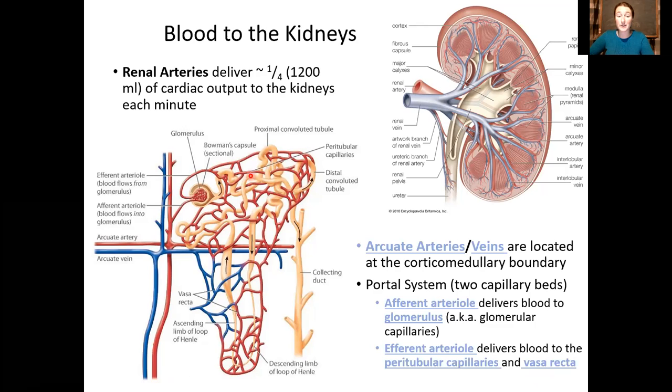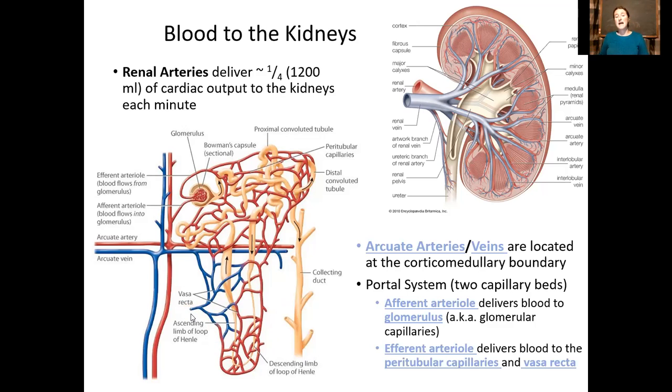So within this outermost region here. These are peritubular capillaries. The vasa recta, so rectus, rectum meaning straight up and down. Vasa meaning these blood vessels. So these straight up and down blood vessels. And so we can see that there's actually a portion of the nephron that's kind of straight up and down. And so the vessels that are exchanging materials with that straight up and down portion are called the vasa recta.